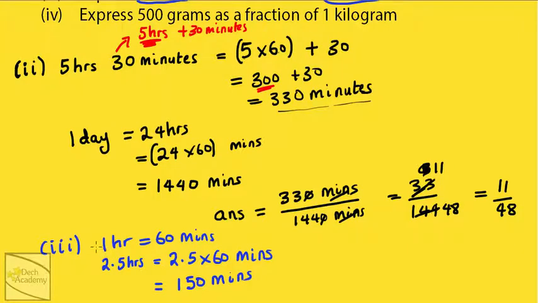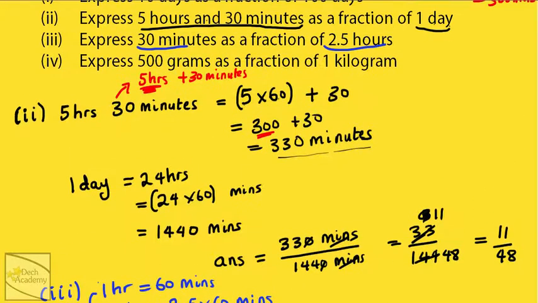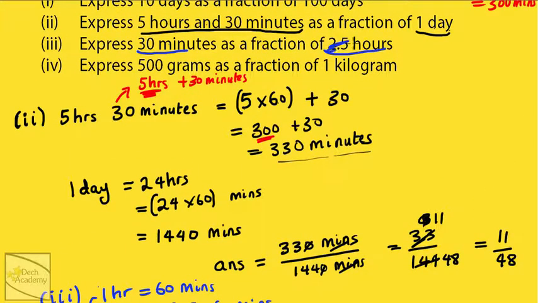Moving from this line to this line, I just multiply the left hand side by 2.5 to get 2.5 hours, and I multiply the right hand side by 2.5. So instead of 2.5 hours, you can think of this as 150 minutes.